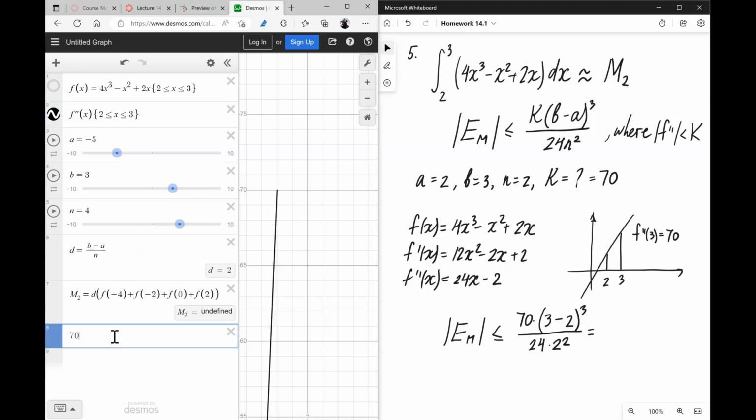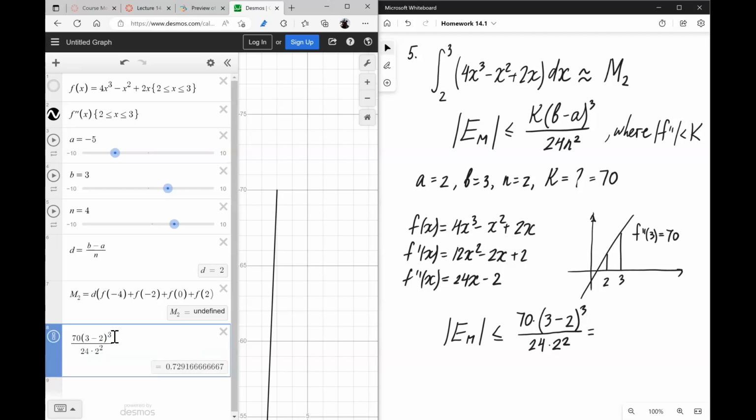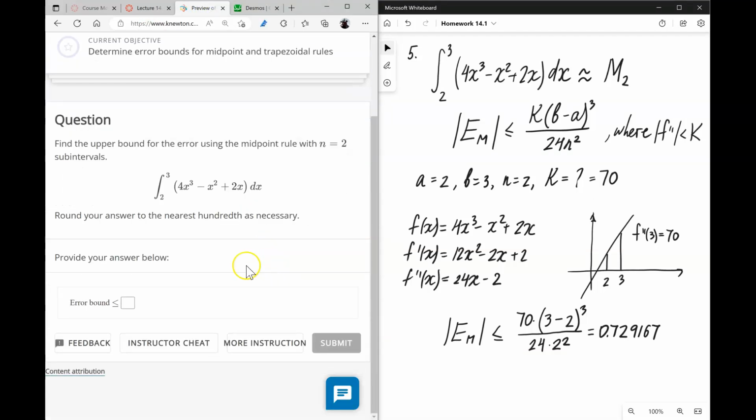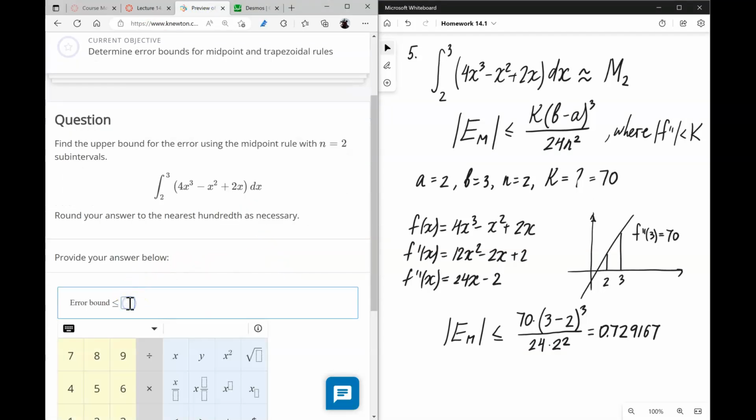So 73 minus 2 cubed, that's just 1, and we have 24 times 2 squared. So the answer is 0.729167. And we were asked to round to the nearest hundredth, so we're going to put 0.73.